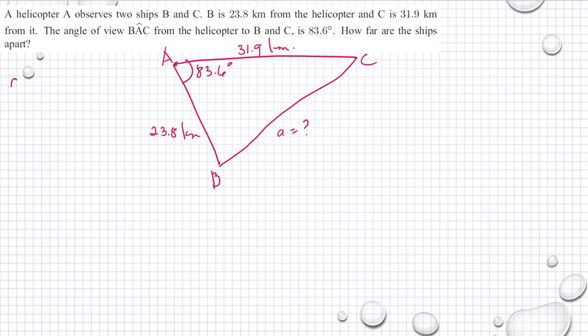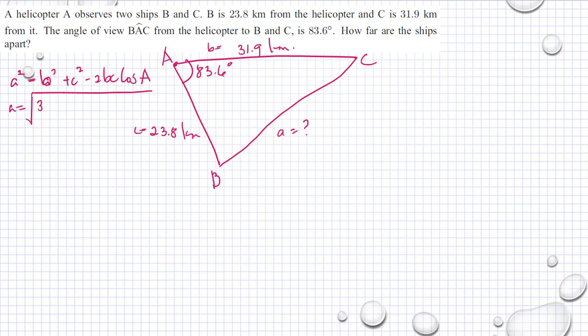So we have A squared is equal to, if this is B and this is C, then we have B squared plus C squared minus 2BC cosine A. Then we have A is equal to the square root of, what is our B?